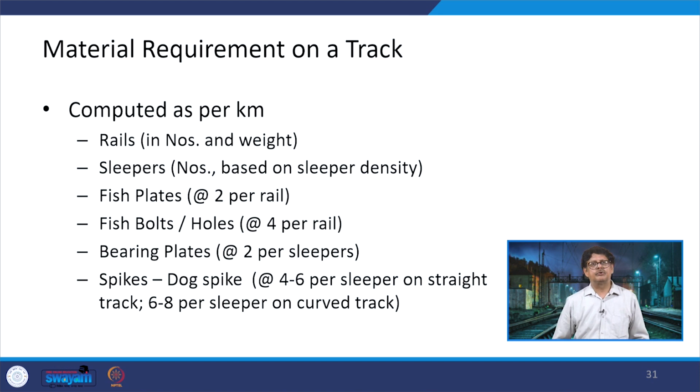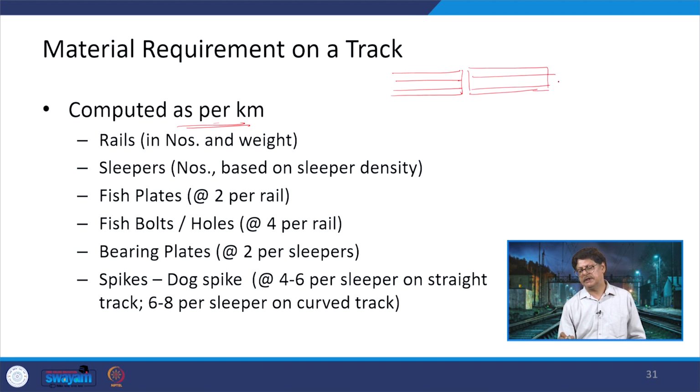Now, let us talk about the material requirement of a track. Depending on the type of fastenings that are going to be used, this material requirement will vary. Usually it is done per kilometer length, and then there will be a number of rail sections which will be connected.